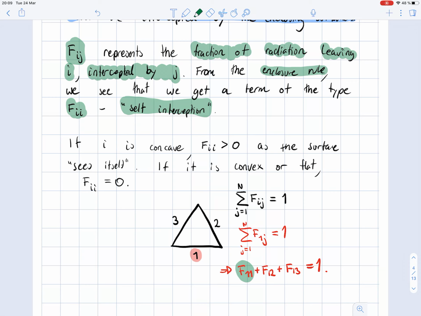If the surface i is concave, then Fii is greater than 0. Concave surface means a surface which is not like this, but like this.